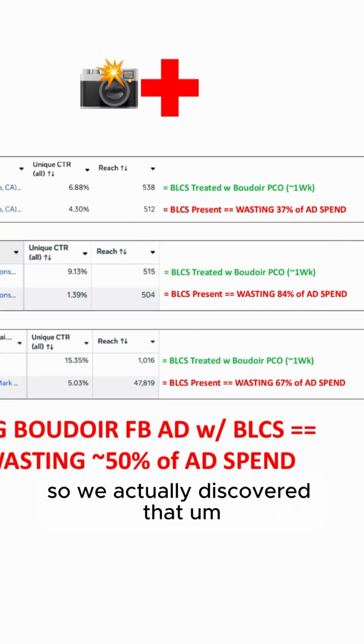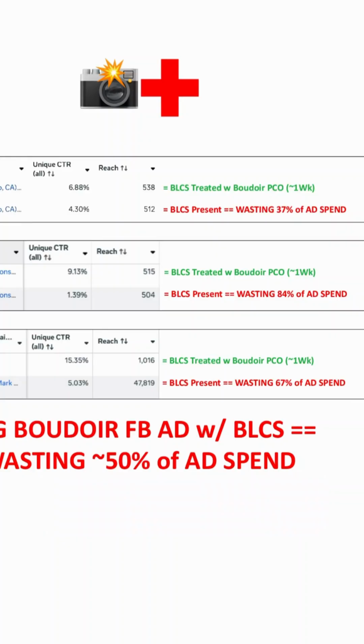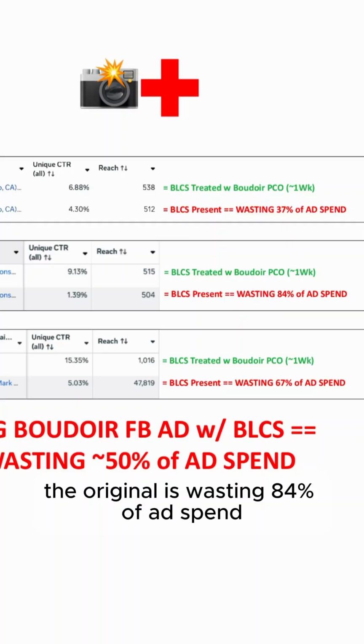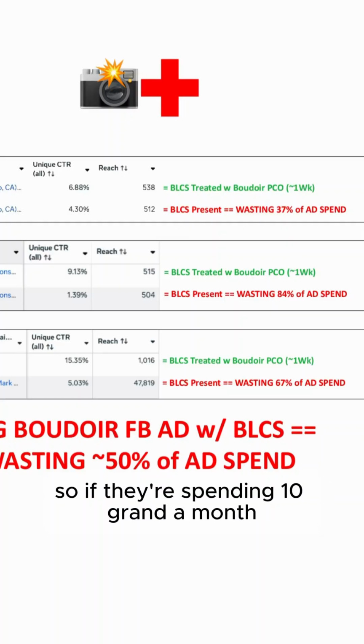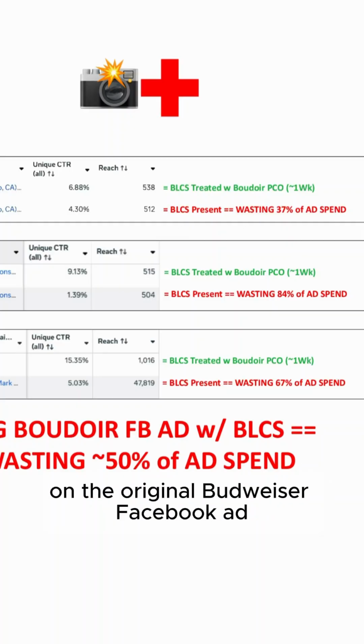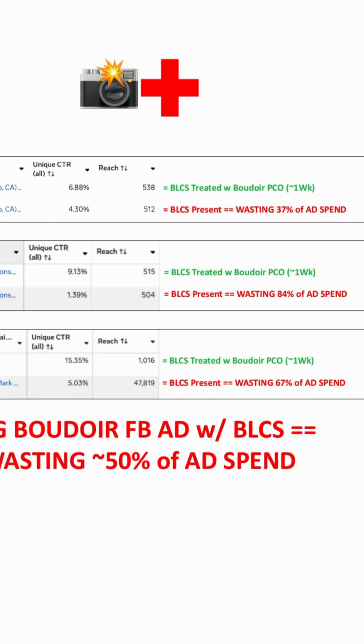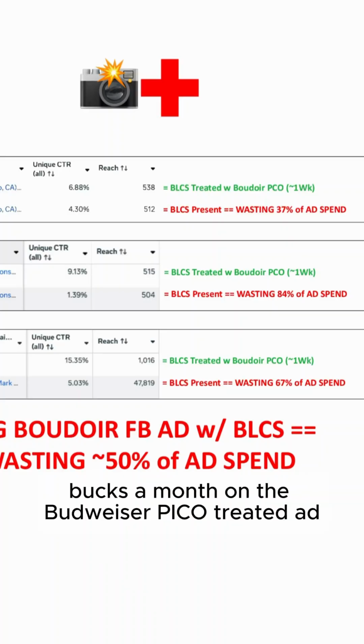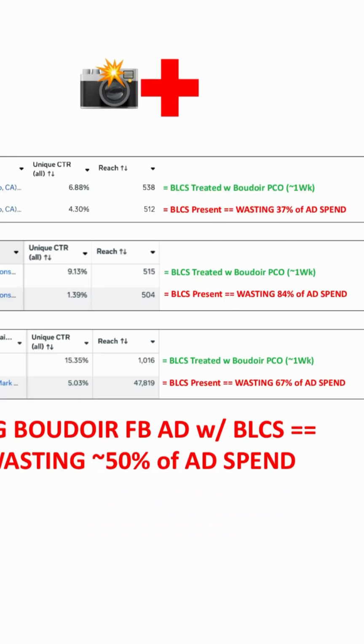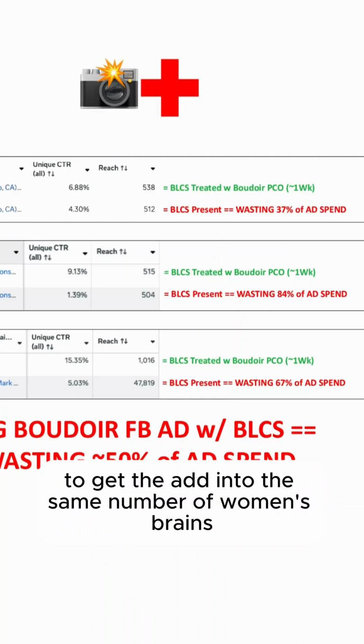So we actually discovered that the original was wasting 84% of ad spend. So if they're spending 10 grand a month on the original Boudoir Facebook ad, they now only have to spend 1,600 bucks a month on the Boudoir Pico treated ad to get the ad into the same number of women's brains.